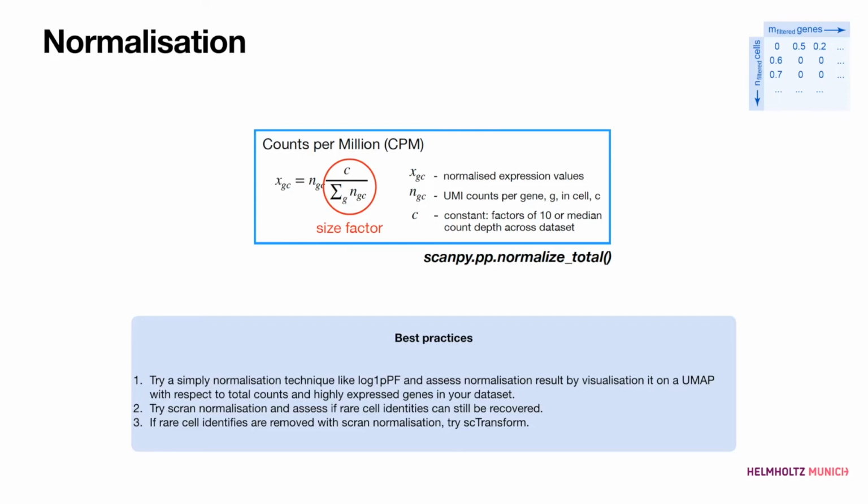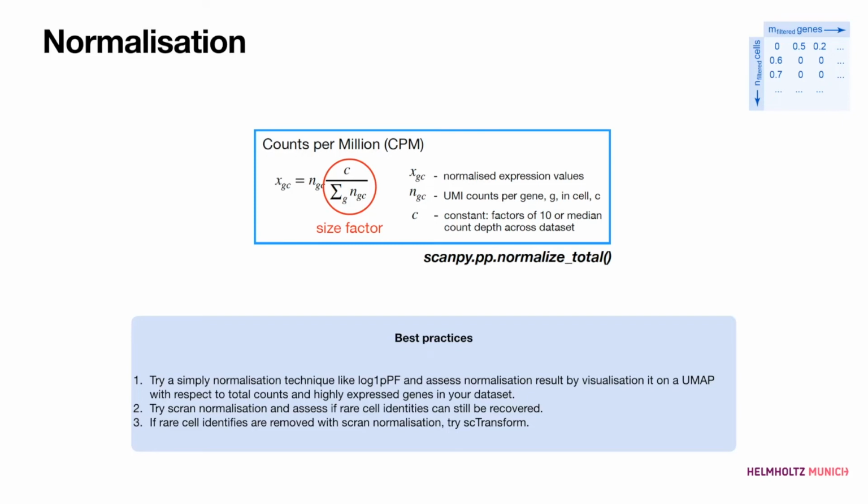But there are, of course, also more advanced normalization methods. We tend to use the scran normalization, which essentially allows you to estimate size factors for individual cell populations, and then deconvolve these size factors to the individual cells again. This results in a much more robust estimation of size factors.